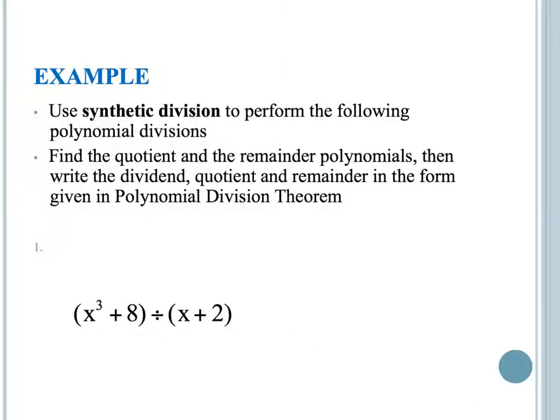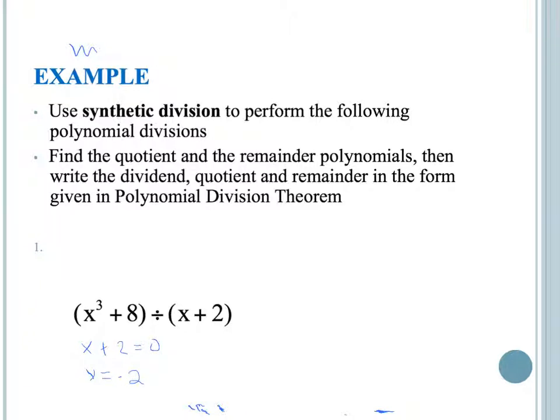Okay, so let's try using synthetic division on x to the third plus 8 divided by x plus 2. So synthetic division, again with our finding the 0, we would take x plus 2. The x plus 2 equal to 0 occurs at -2.